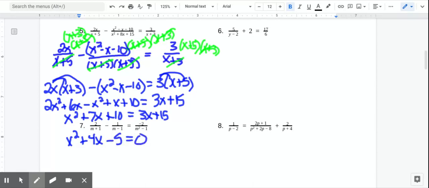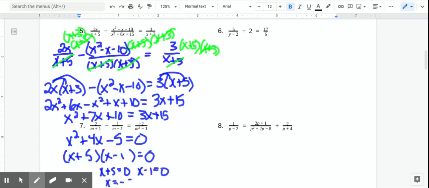And there's my quadratic. I think this will factor. The signs are going to be different. So I think positive 5 and negative 1. And then we take both of those and set them equal to 0. So either x plus 5 equals 0 or x minus 1 equals 0. So our two answers are negative 5 and positive 1.